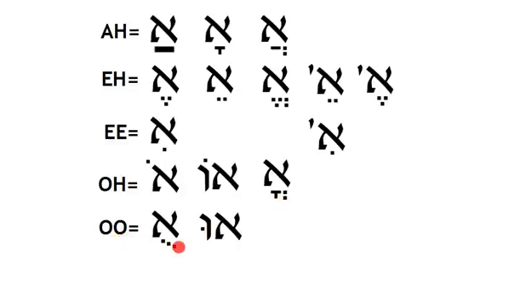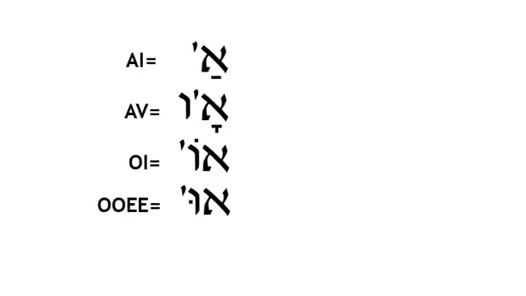Down here we have two different ways of saying U. We've got the kubutz and the shuruk. Then on this page we've got I, Av, Oi, and Ui. And then finally we have the shva, which is pronounced or silent. Okay, so that is the Hebrew vowels.